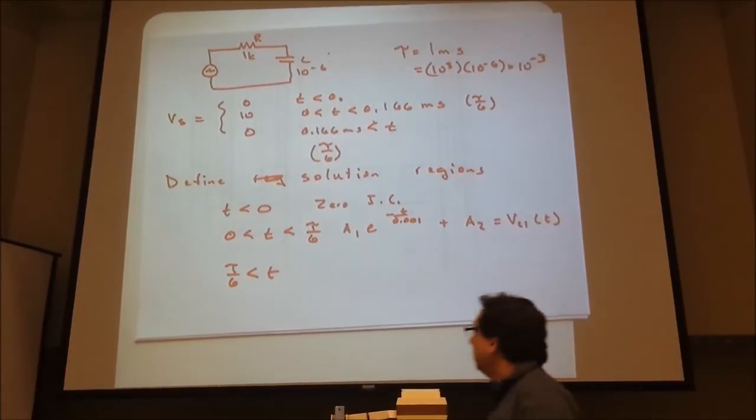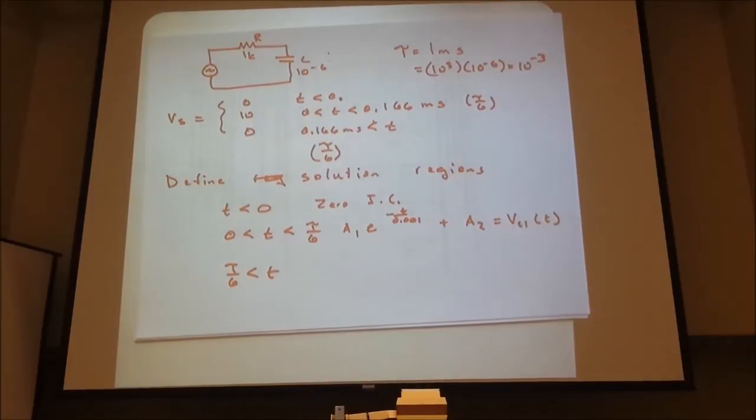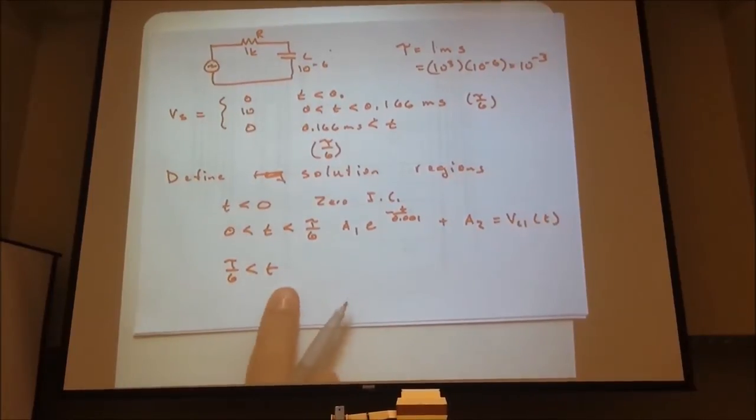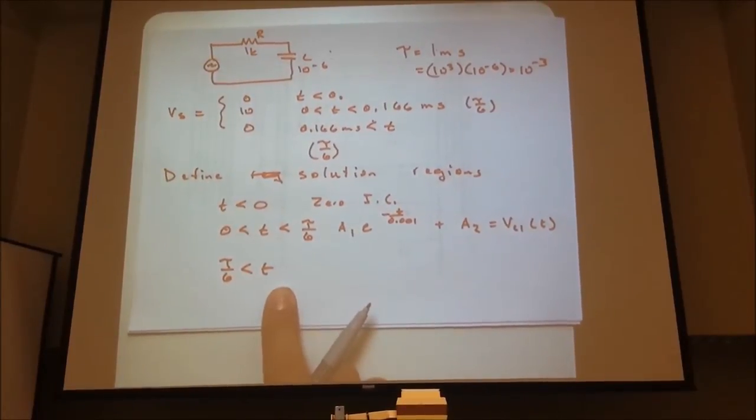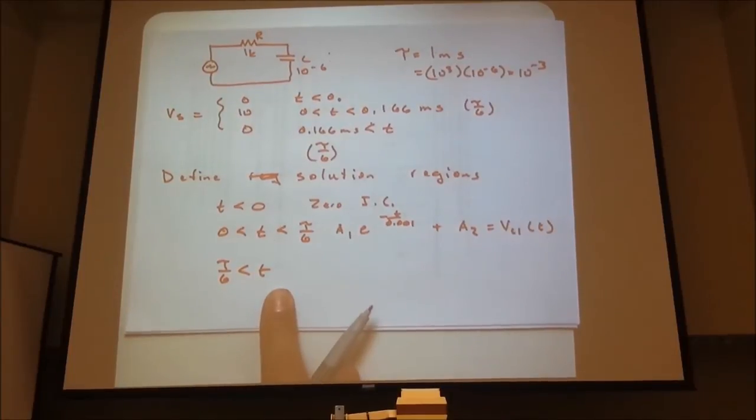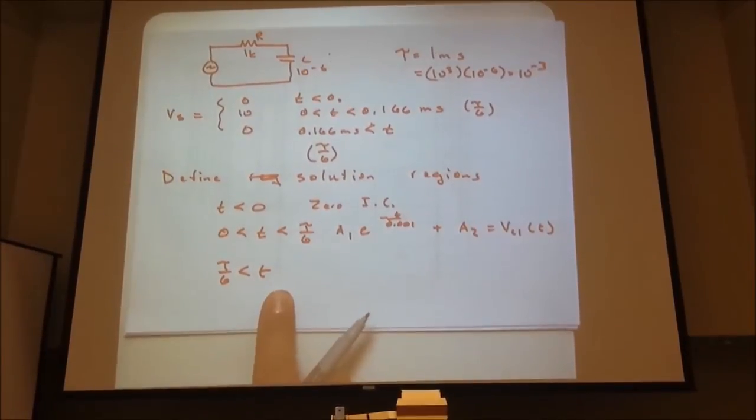What is our solution for this region? What does it look like? And DC steady state as time goes to infinity is 0.